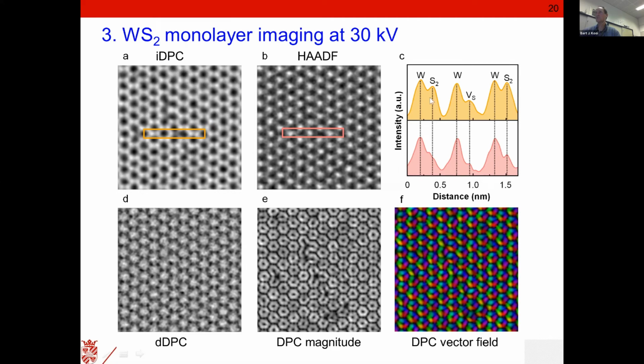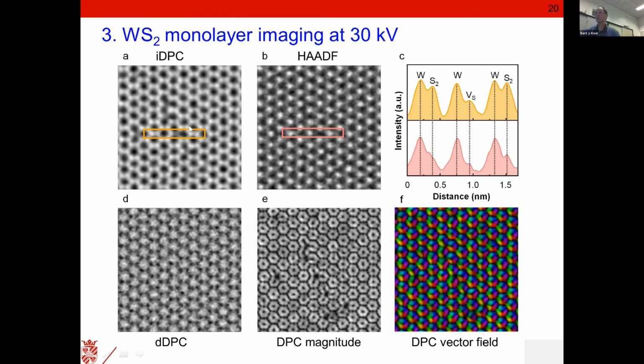is very sensitive. And you see a very good difference between two sulfur atoms in the monolayer of tungsten disulfide, a single sulfur, or no sulfur, a double sulfur vacancy in the monolayer. Still, it's very good to have both techniques simultaneously, and this is possible.